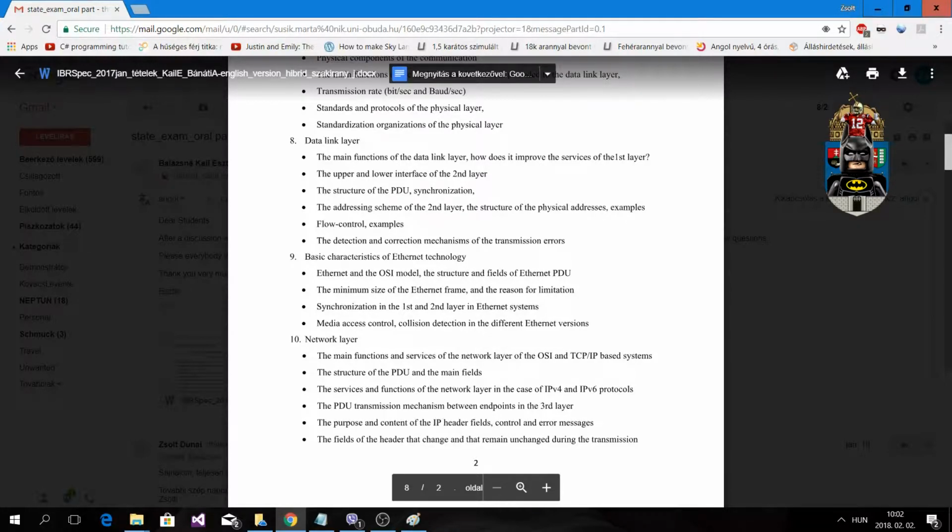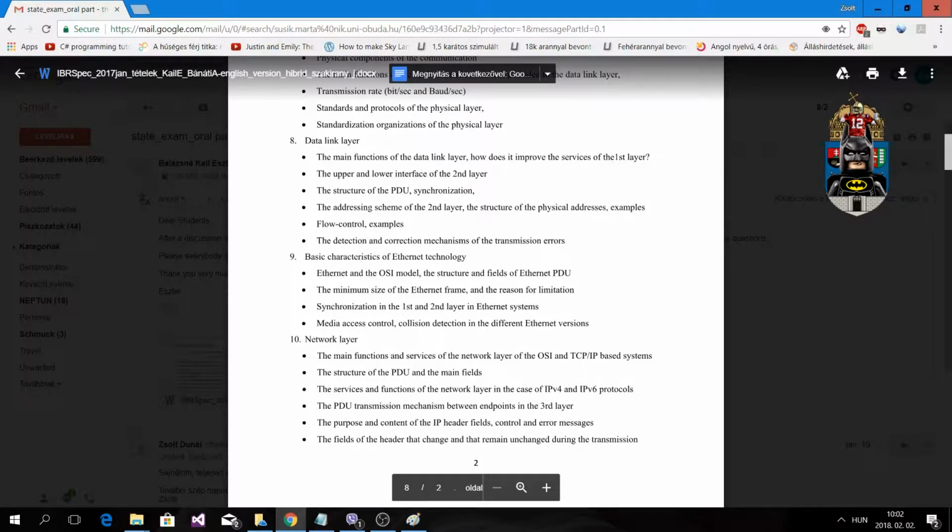The upper and lower interface of the second layer: the data link layer has two sublayers. The LLC is the upper one, the logical layer, and the MAC layer is the lower one, which is the physical side. The LLC is the connection between the network layer and the data link layer, because these are handled by software.